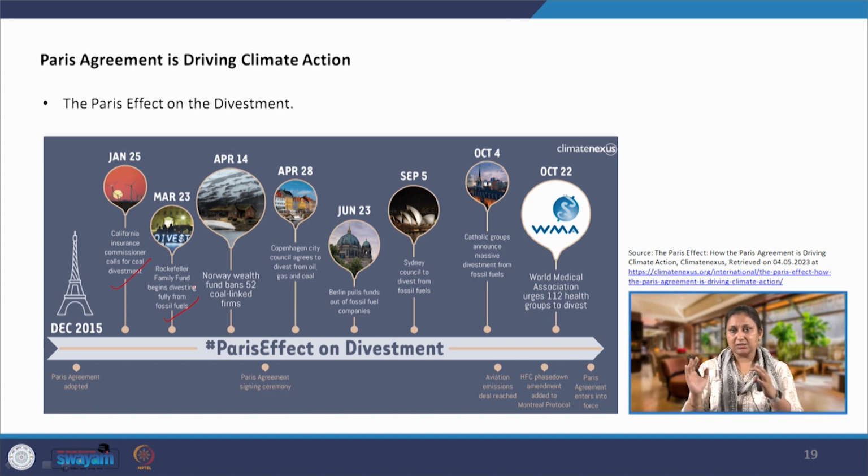We are looking at a shift of investment from conventional, fossil fuel based projects to renewable energy based fuels. So, the Paris Agreement in this regard is driving a lot of action on the climate change front and, directly, on the greenhouse gas emission front.